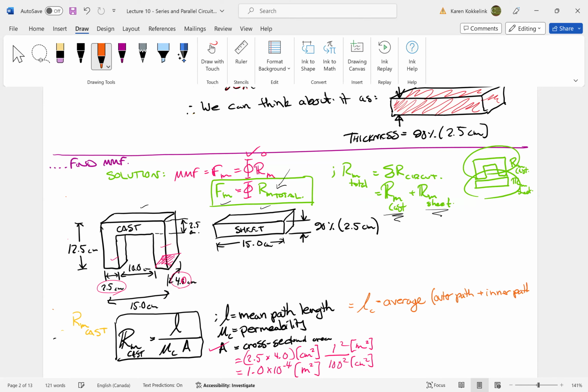Because some of these flux lines travel on the outside. Some of these flux lines travel on the inside. But we're interested in the flux lines that travel in the middle, kind of like here. In 3D, kind of like here.